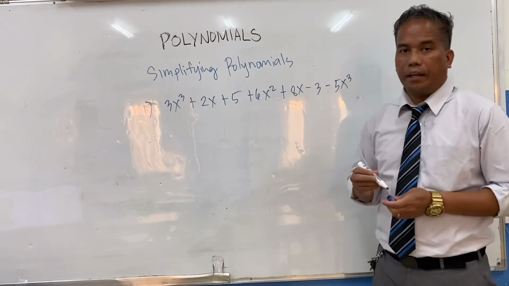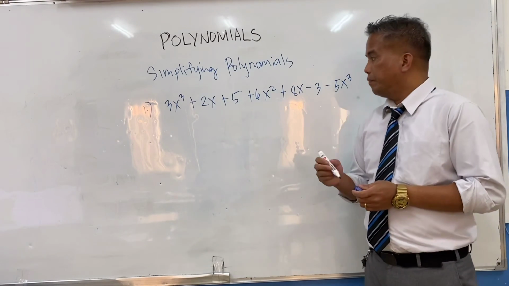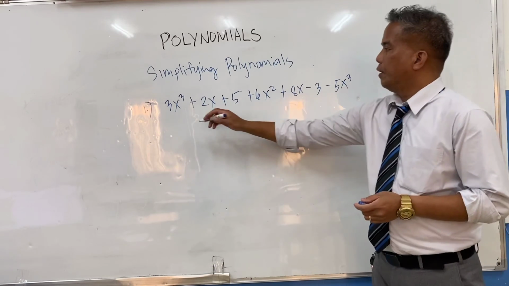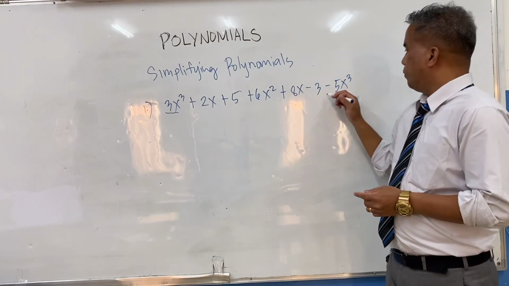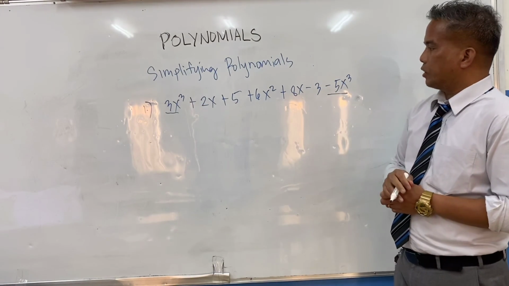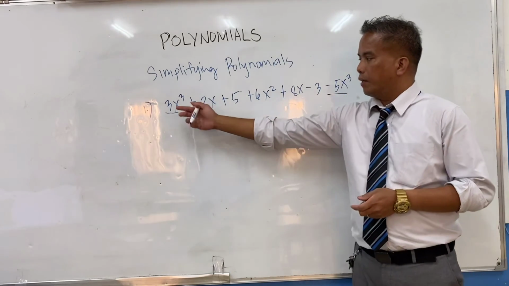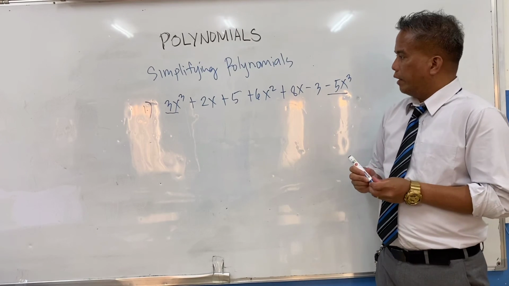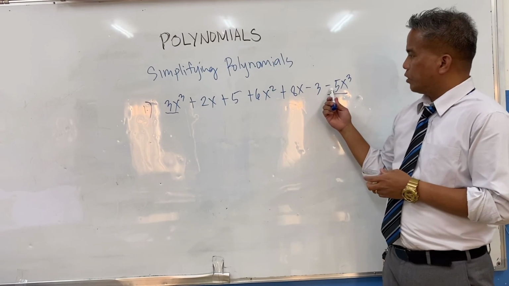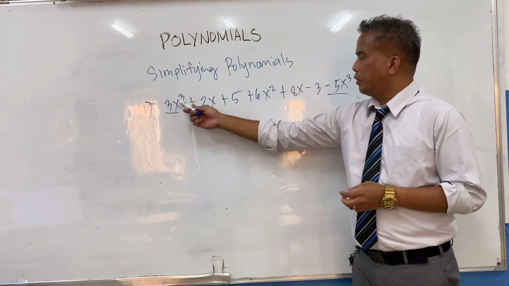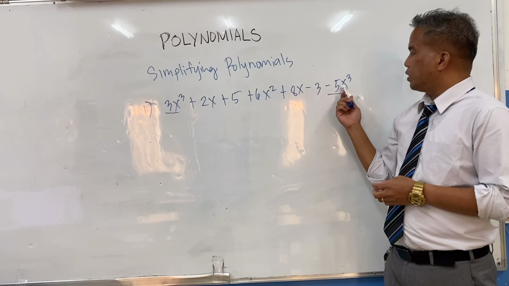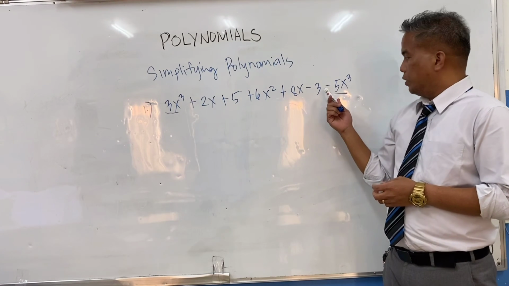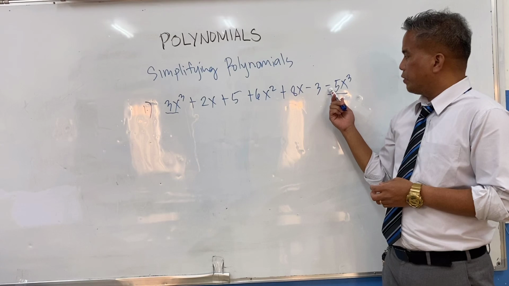The highest degree here is 3. So we have now 3x cubed and negative 5x cubed. If we combine these terms, you are going to use subtraction because we have 3x cubed minus 5x cubed.